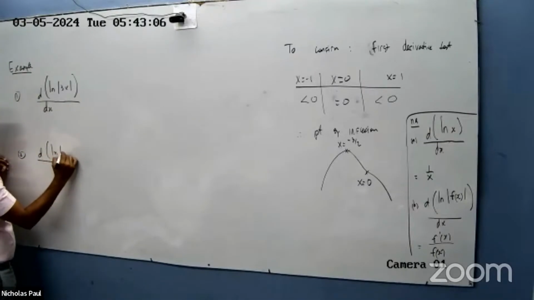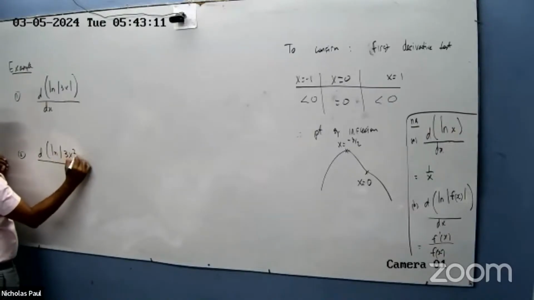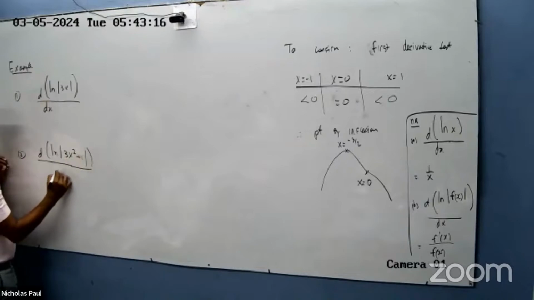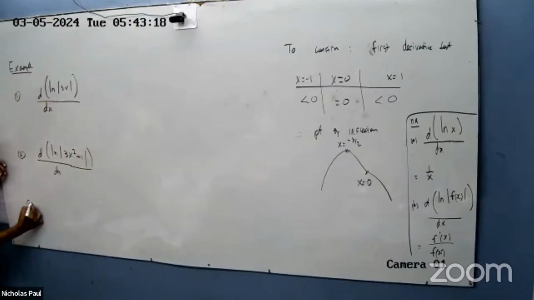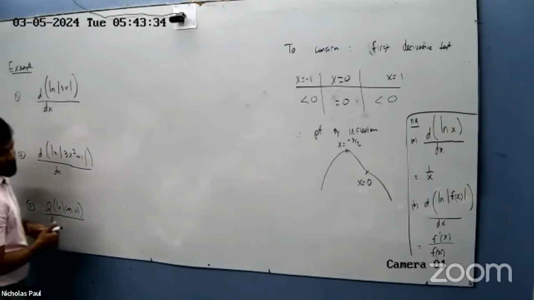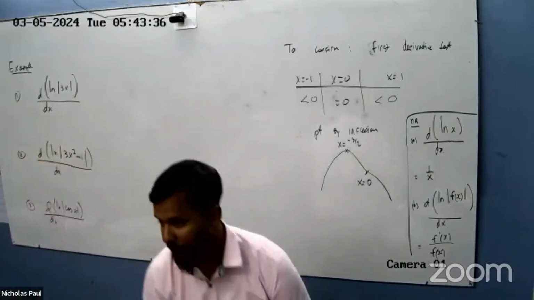Differentiate ln 3x squared plus 1. And the last one, maybe add another trick: differentiate ln cos x. Let's try those.